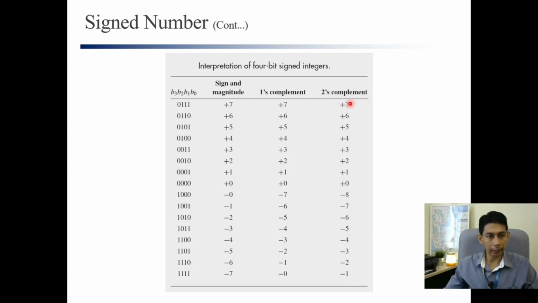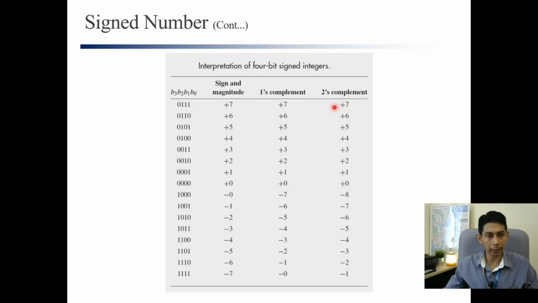So we can see that the maximum number that we can store in the 4-bit system for the positive number is positive 7. That means positive 8 we cannot store in the 4-bit system already.